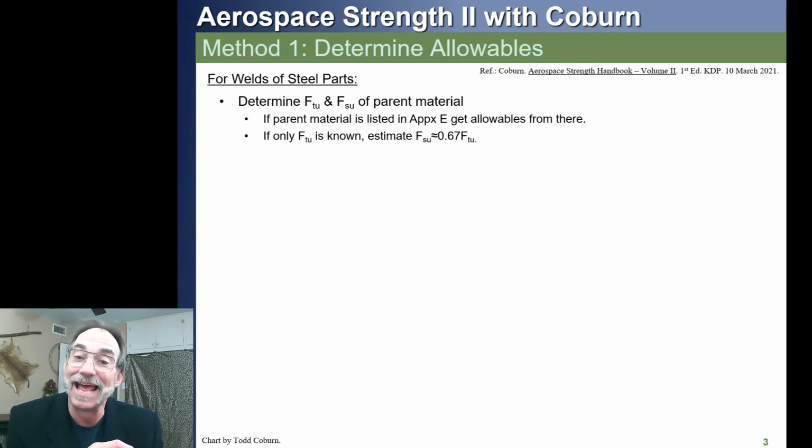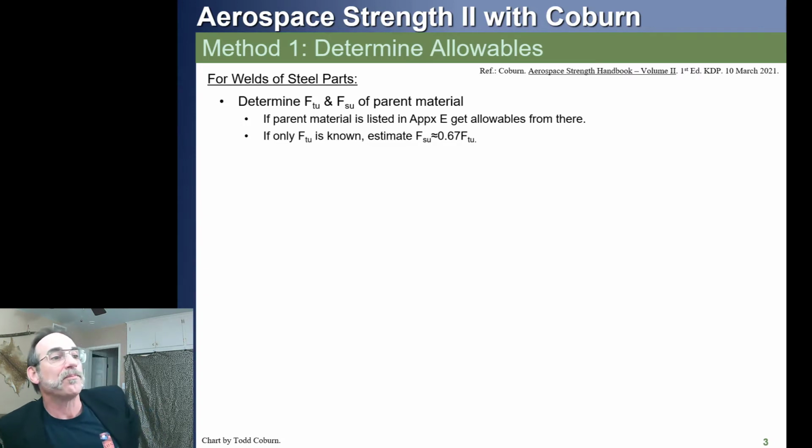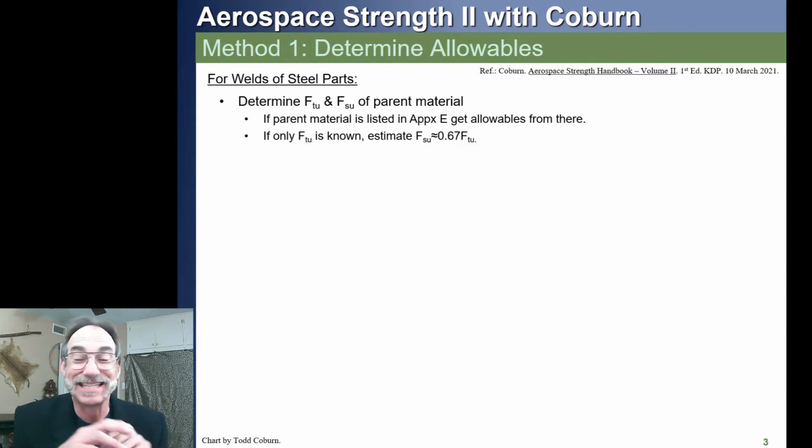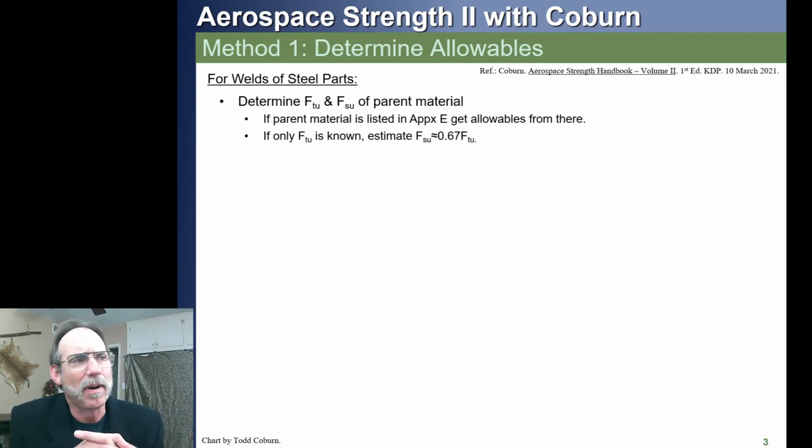It's very possible that we will have a lot less data on the strength of the material than we do in aerospace. In that case, we may only have FTU, and we can estimate FSU as 67% of FTU as a general rule.